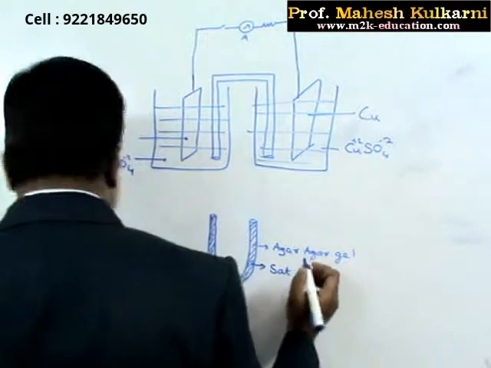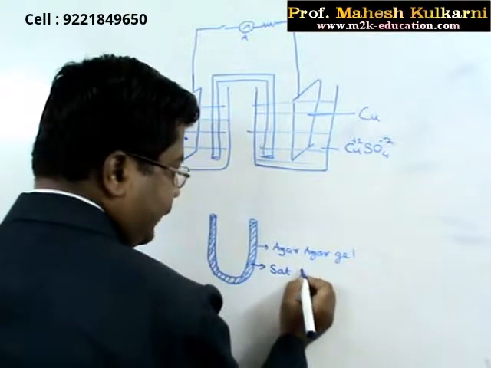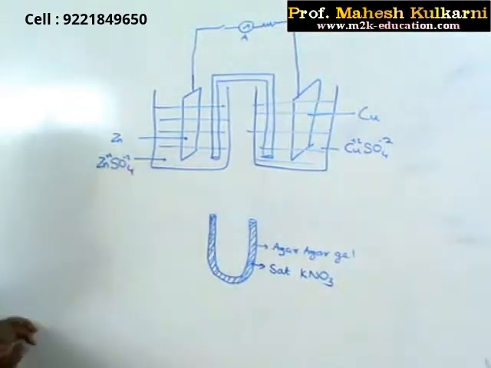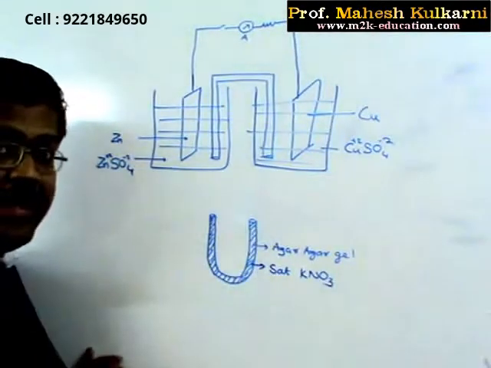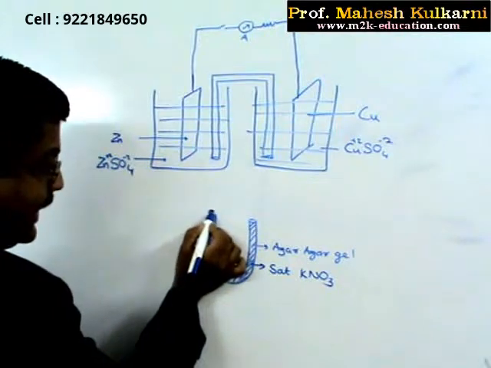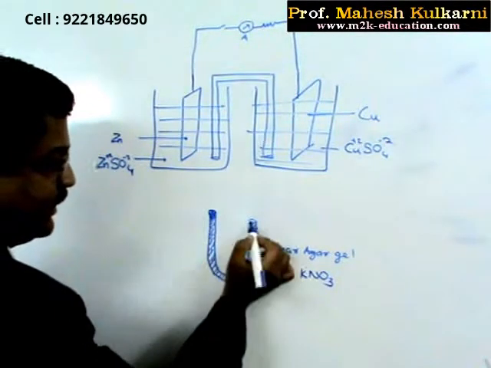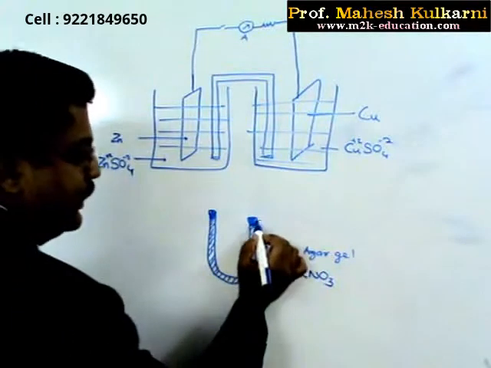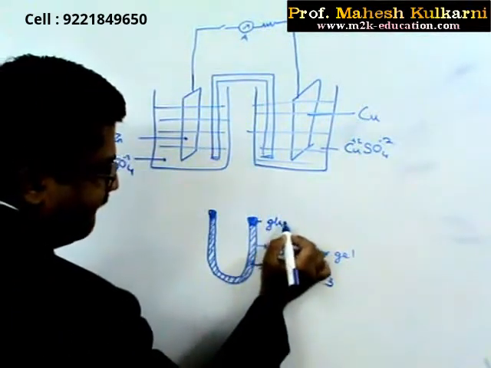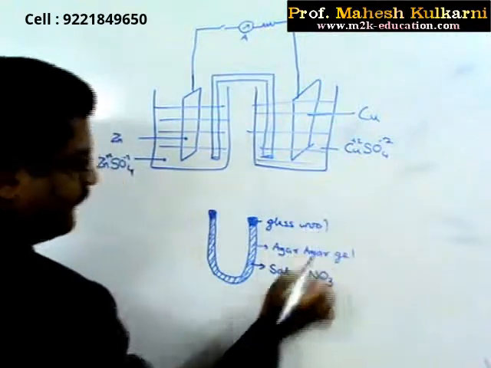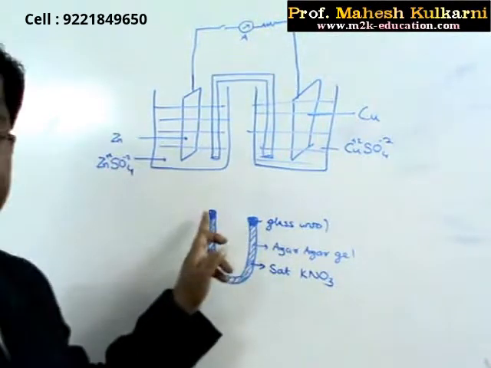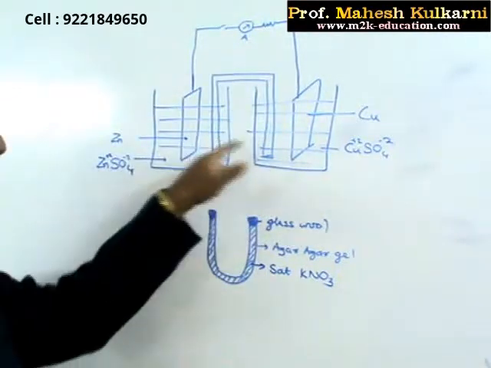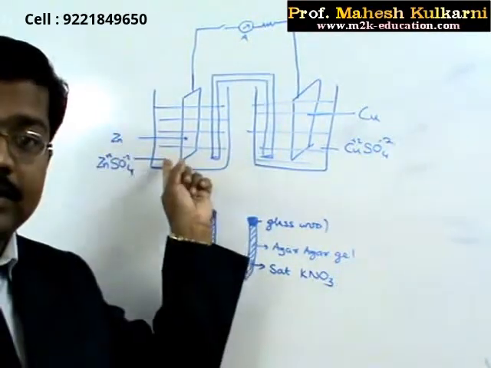Usually we take saturated potassium nitrate, KNO3, and this is plugged with glass wool. Now that is inverted over here. This will give good contact between the two solutions.